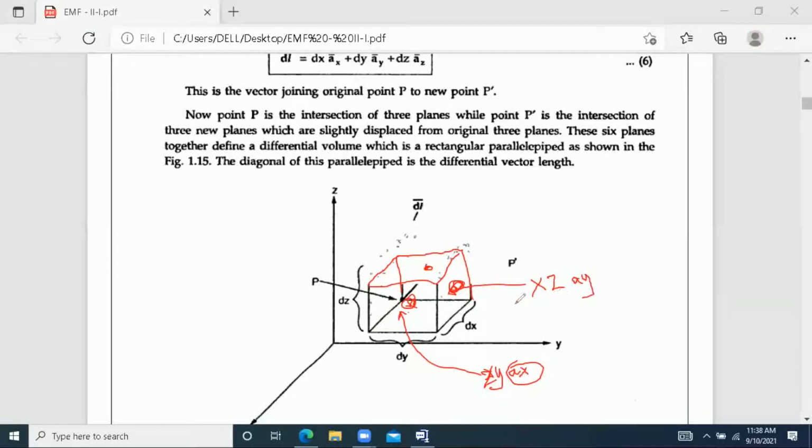So by saying it now like that, the purpose of the unit vector is that you can differentiate between this side and this one over the back here. This one and this one have the same dimension. But this one is in the ay and this one is in the minus ay.